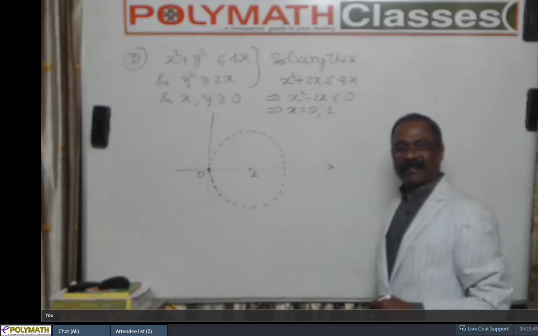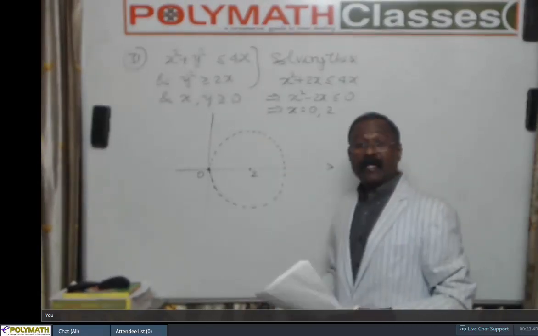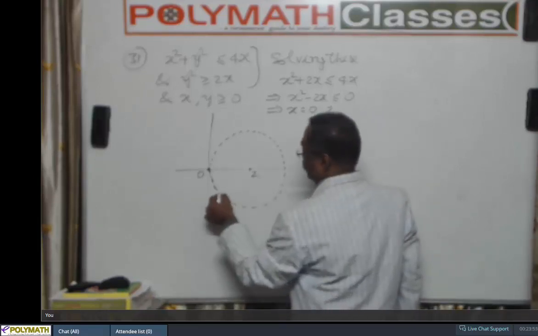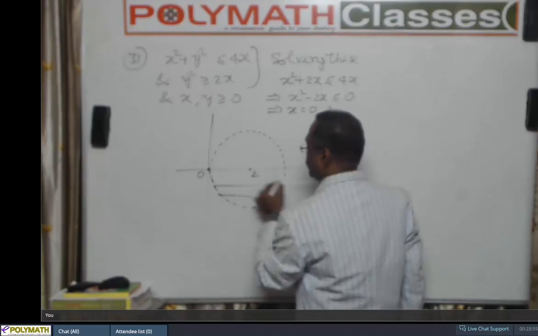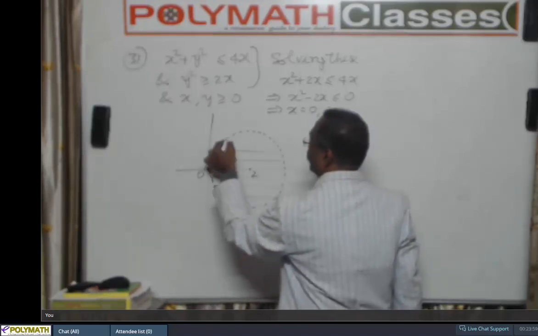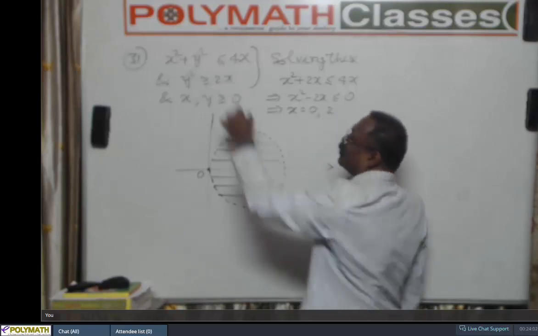This is the circle. Now it is given to be less than or equal to, that means the inside area. So you have to consider the inside area including boundaries, that is, including the circumference, because equal to is there.